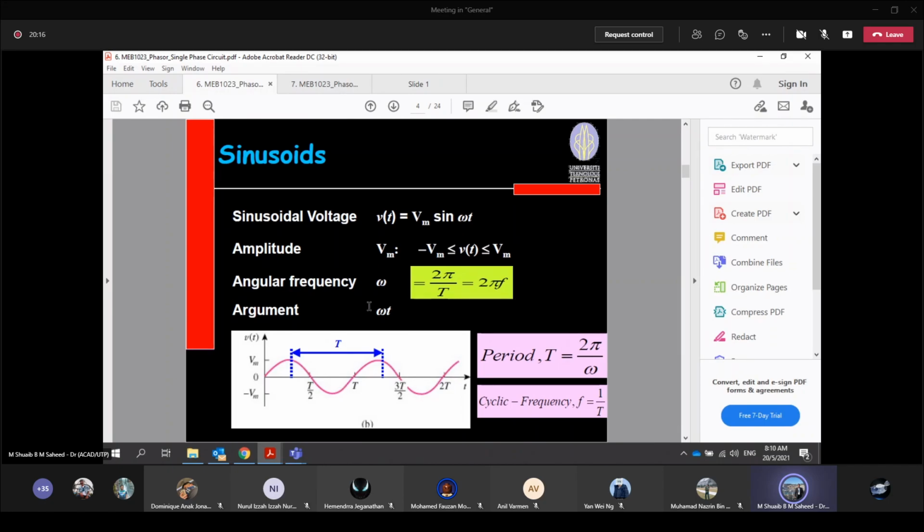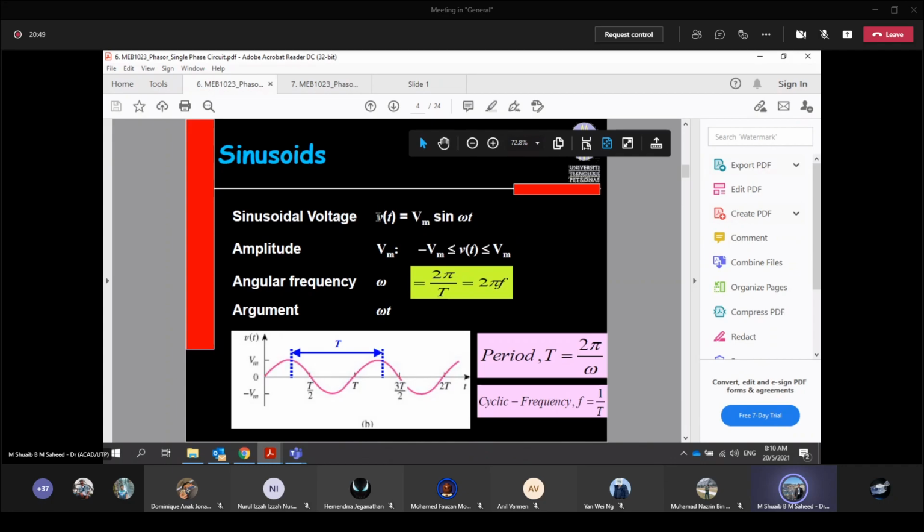This is the premise whereby if you want to find the instantaneous voltage, you can use this value. For example, if I want to find the voltage when t equals some value, let's say 1 second, you put t equals 1 second, multiply with omega, get the sine value of that, and then multiply with Vm.